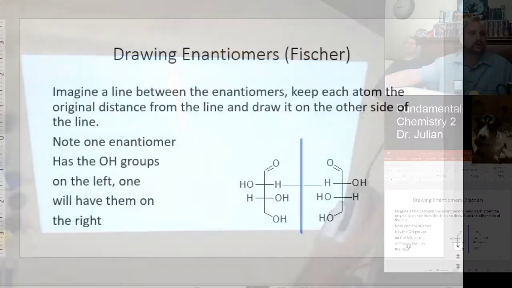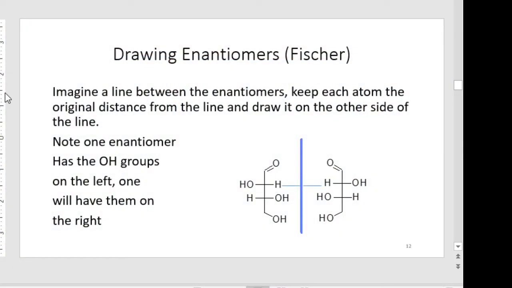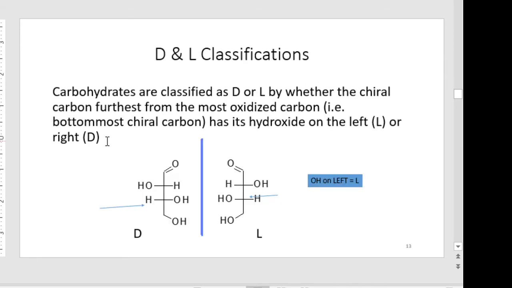All right, so playing with this, we have all these enantiomers, and that's how you tell the different sugars. But each sugar really comes down to classification. Instead of worrying about each one, whether it's R and S, we classify carbohydrates based off of D and L classifications.